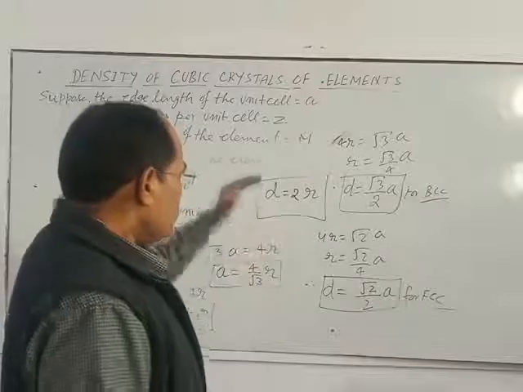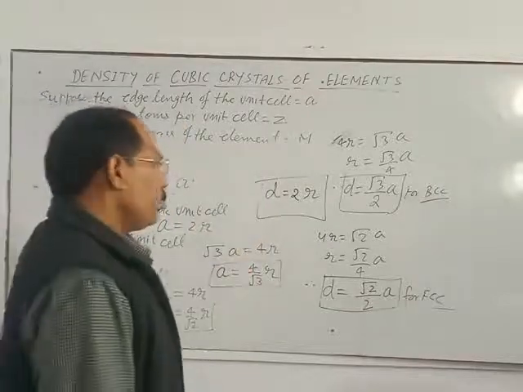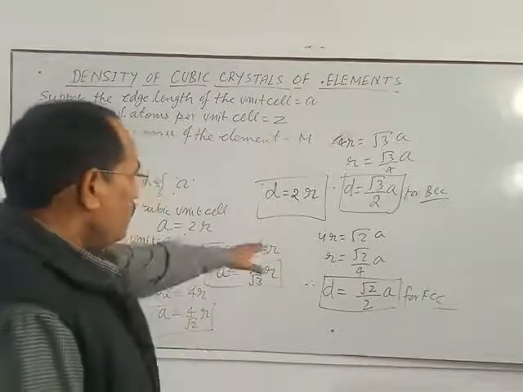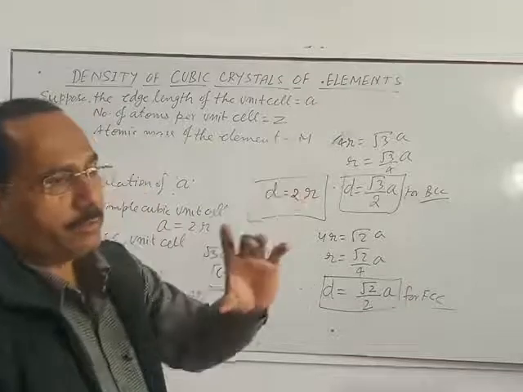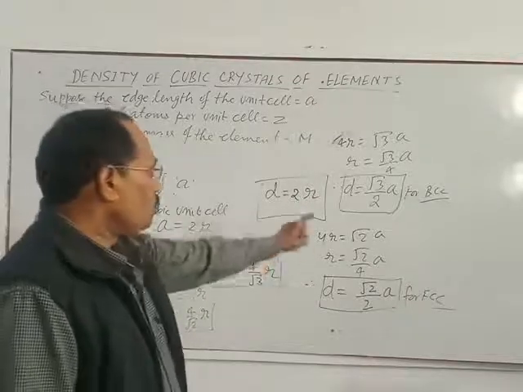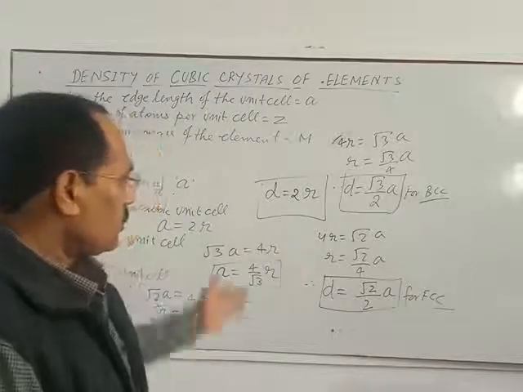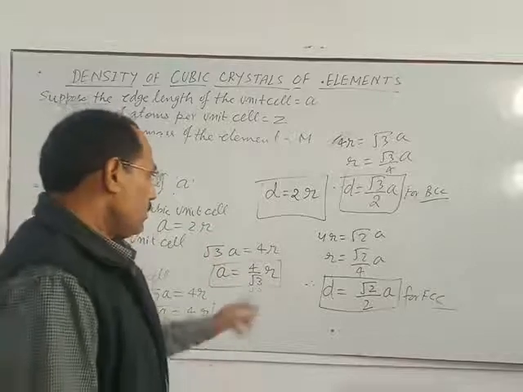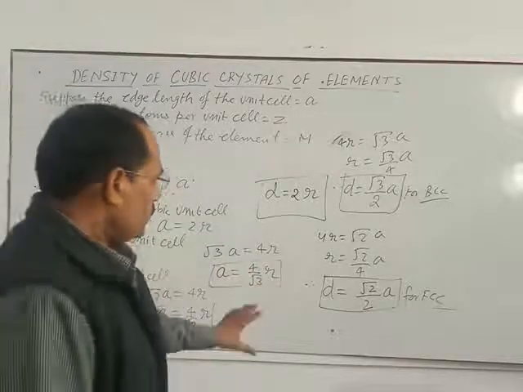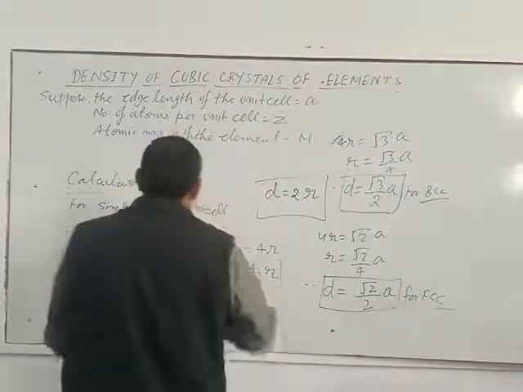Just double the r becomes root 3 a by 2. In FCC, face centered unit cell, corner atom and atom present at the face center touch each other, hence 4r equal to root 2 a and r equal to root 2 a by 4. Just double of it becomes root 2 a by 2. So this is the value of d in different types of unit cells.